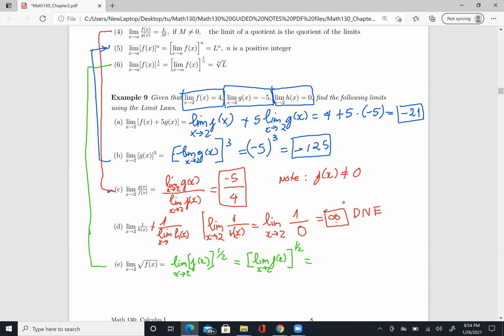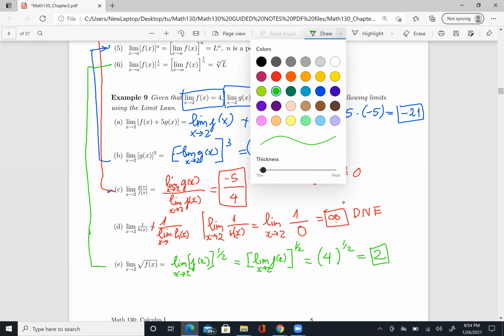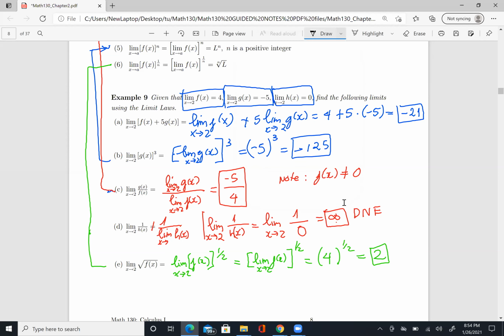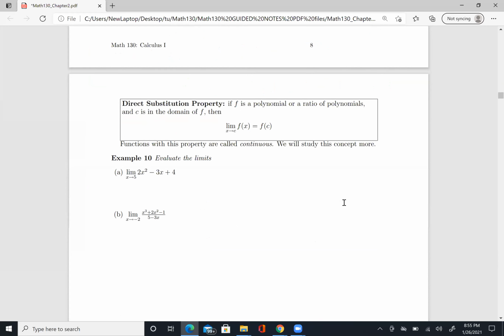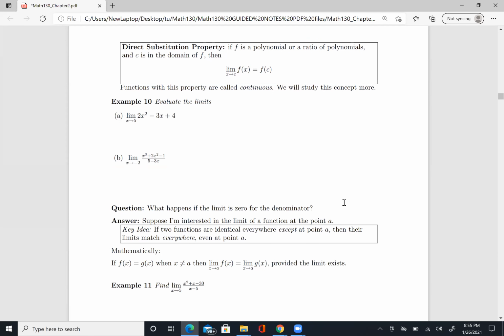And then you use the given limit of fx when x goes to 2 equals 4, and the square root of 4, that's going to give me 2 as the answer. So that should be it for example number 9. Okay, let's move to the next page.